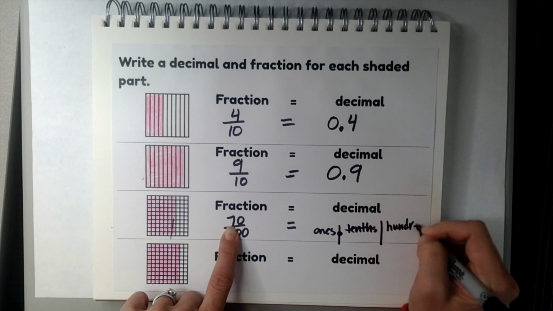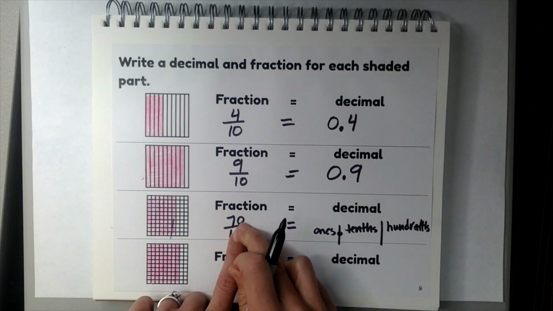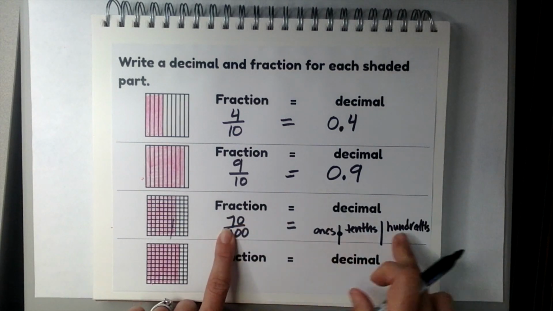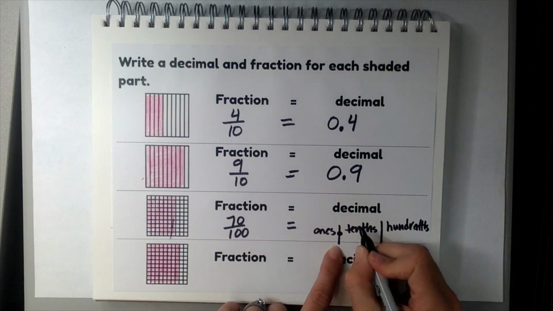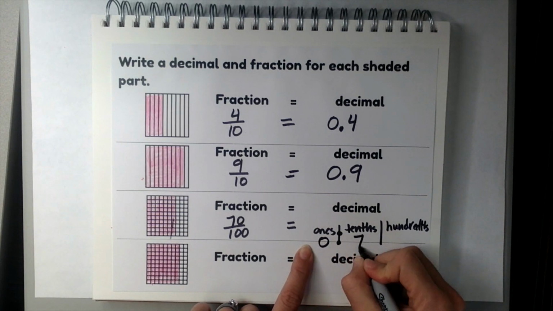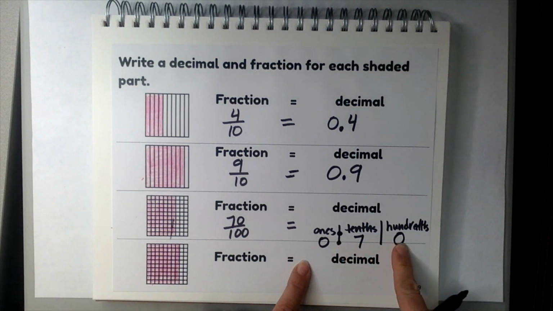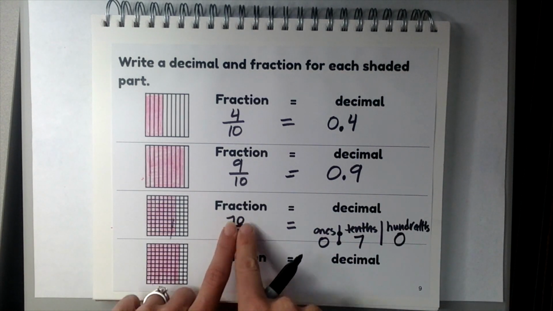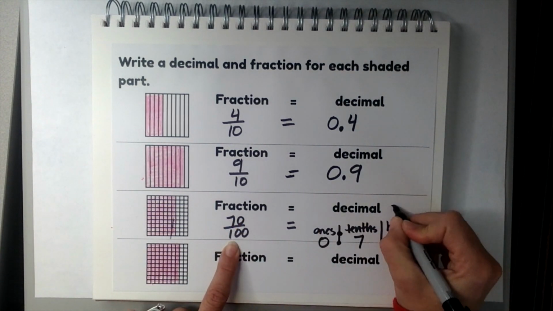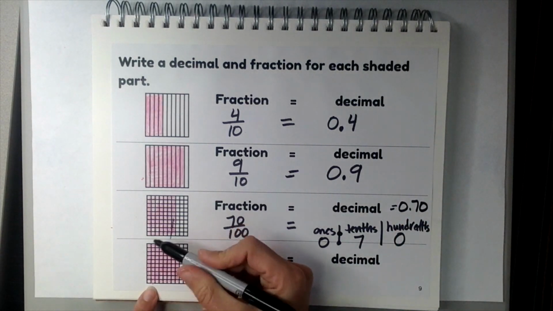So a lot of students want to put the 70 over here, but look, we have to put each digit in a place value. So, and it has to be in the hundredths. So we say 0, 7, 0. So now we would read this as 70 hundredths, the same as what's written here. So this would equal 0.70, okay?